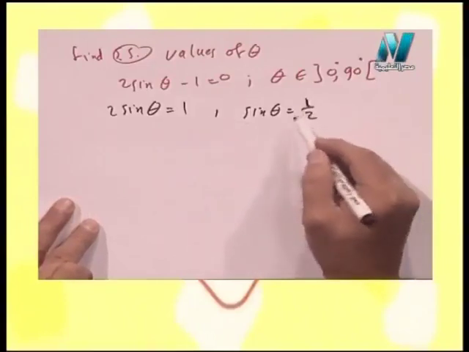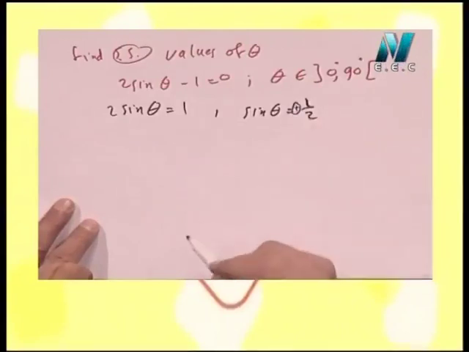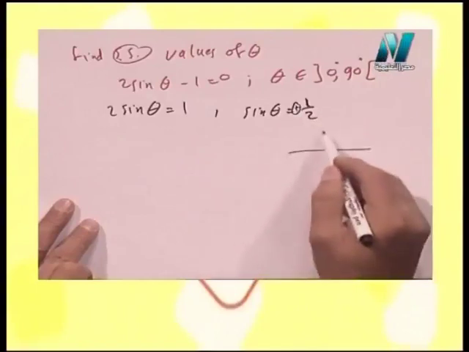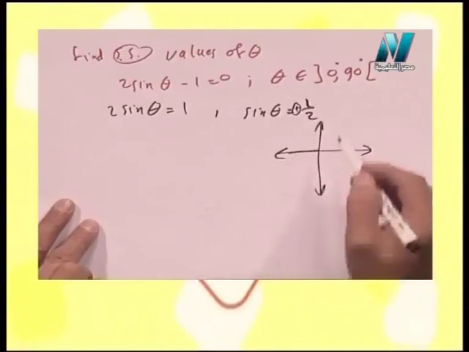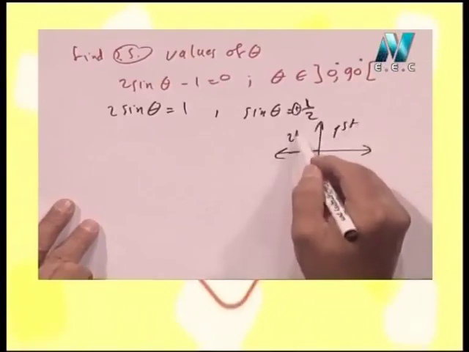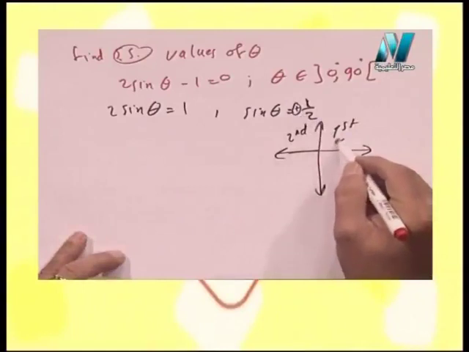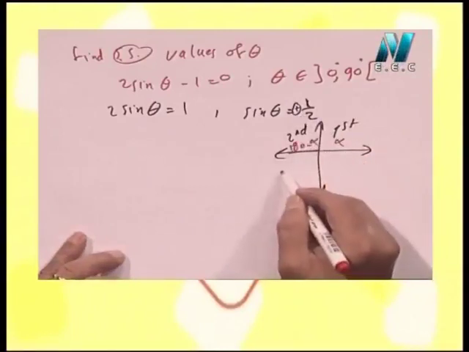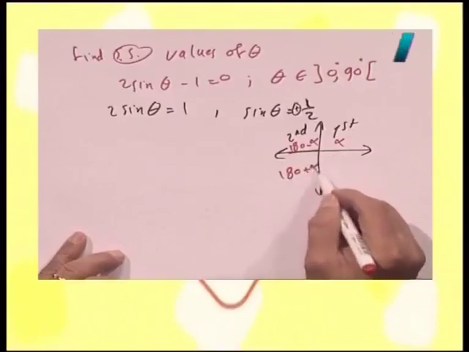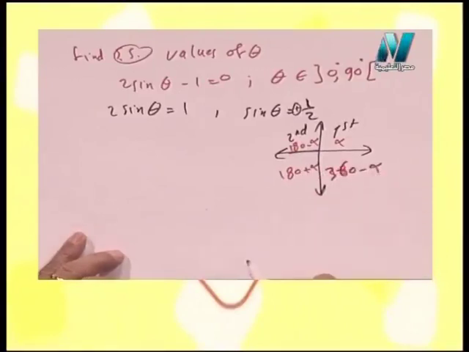Concentrate about the sign of this function. Now, the sign is positive, okay? And we know that sine is positive in the first and second quadrant. First quadrant, if the angle is alpha, the second will be 180 minus alpha, this part 180 plus alpha, 360 minus alpha.